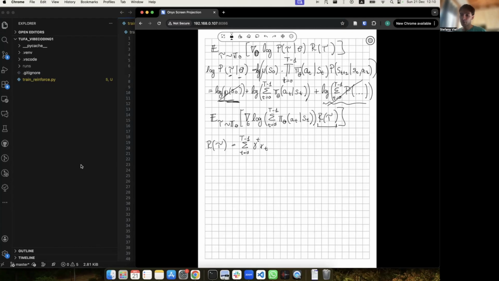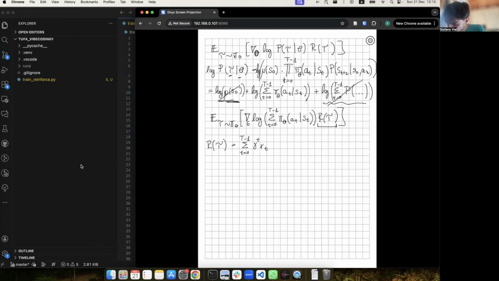Why do we put the discount? Well, this is standard RL: we would like the rewards in the far future to be much less important to the current state-action pair. Otherwise, we will give too much importance to those, and those don't depend much on the current action that we're taking.